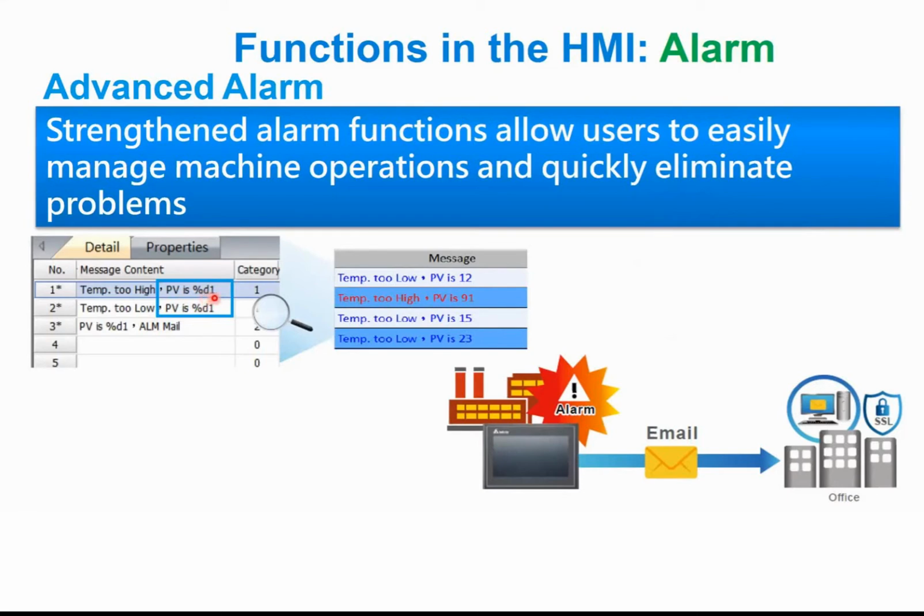So maybe if the state of that bit register changes from high to low, or from low to high, you can trigger an alarm. And when you trigger an alarm, you can also send an email to yourself or to any email based on the alarm that has been triggered.